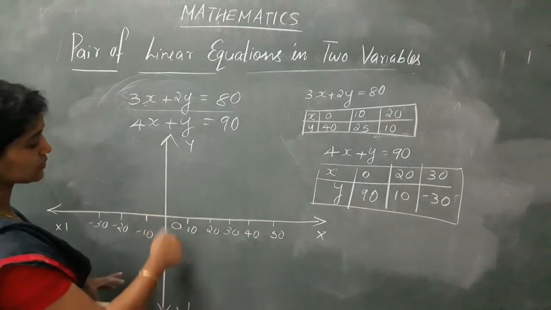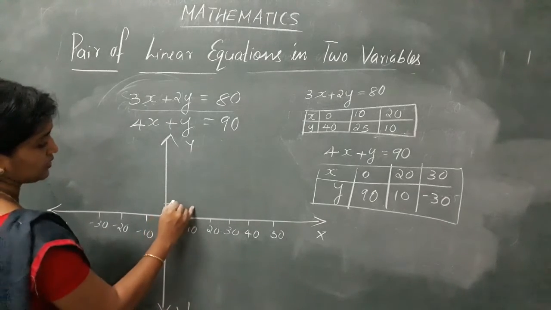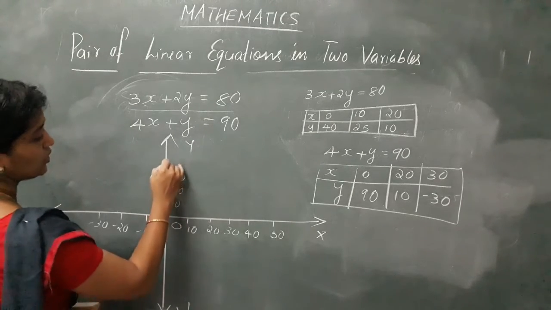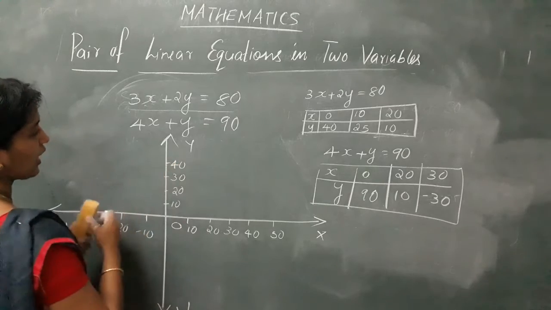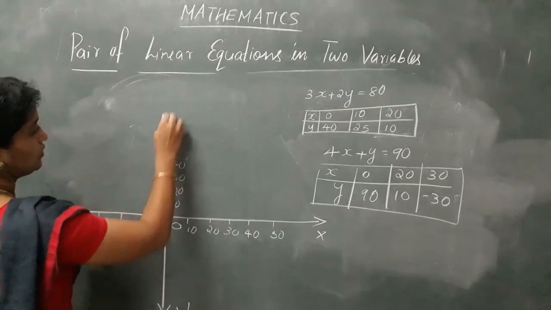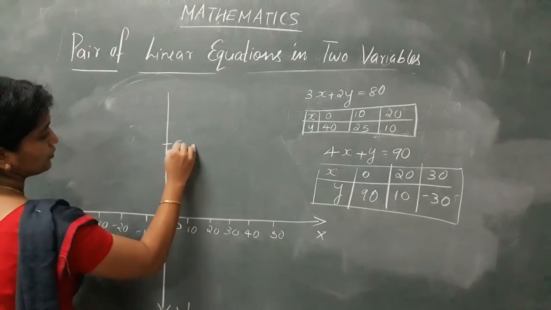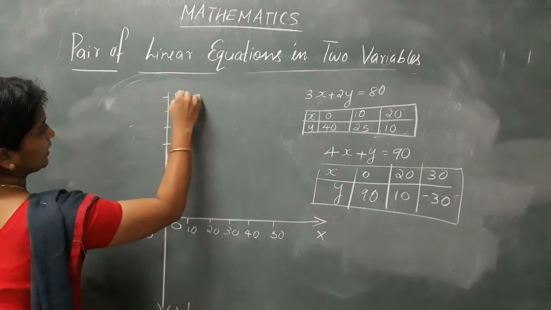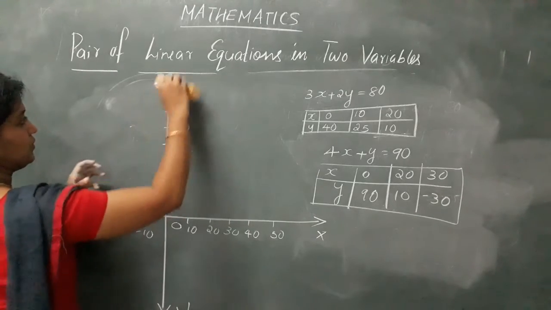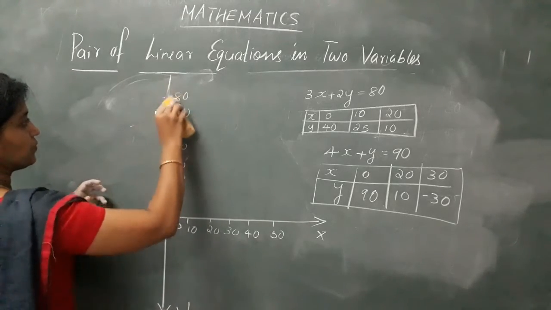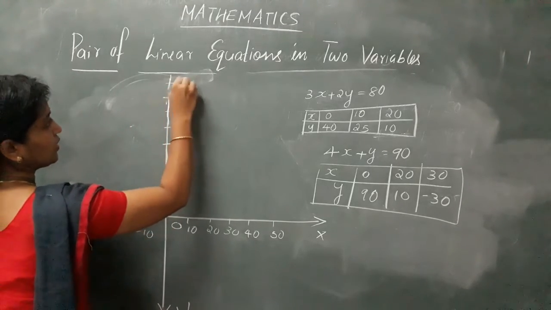Now, y values, this is 10, 20, 30, 40, 50, 60, 70, 80, 90.